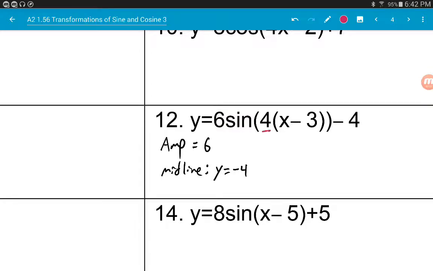Now, the 4, that's going to be the frequency. And the -3 on the inside means it has a horizontal shift. Let's call that HS. 3 units in what direction? To the right.